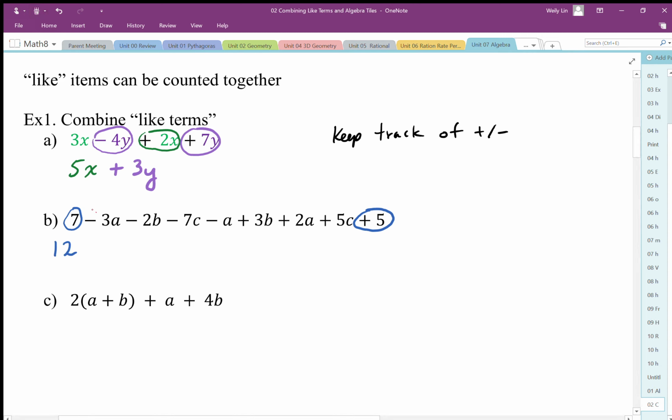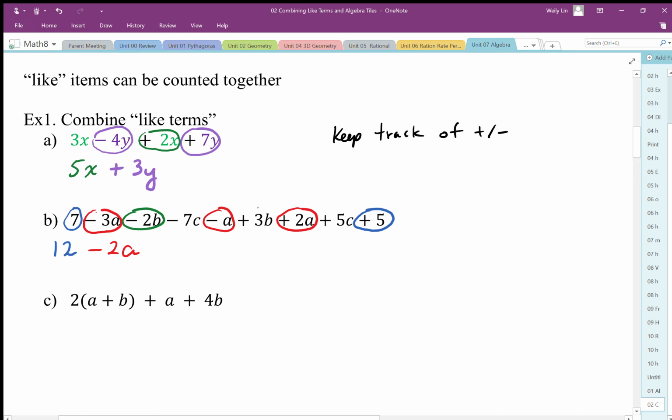I can look at the A's, and instead of keeping track of the A's, I need to not just keep track of the A's, but the sign in front. So keep track of what we're doing with those A's. So I have minus 3 minus 1, that's minus 4, plus 2 is going to give me minus 2 A's. Then I do the same for the B's. I need to keep track of not just the B's, how many B's I have, but what I'm doing with them, the sign that goes with them.